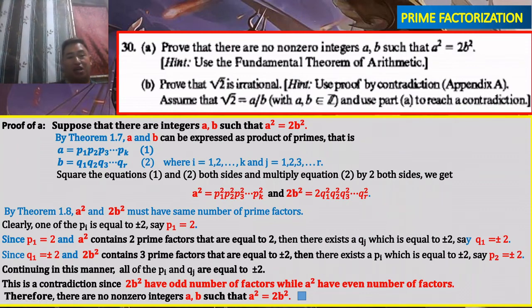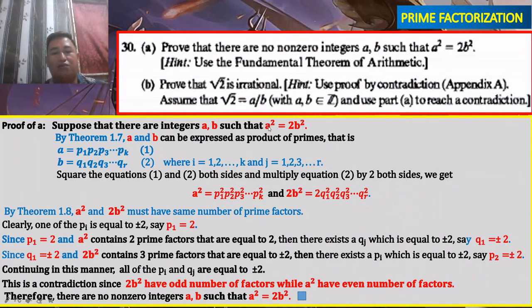Dapat i-show pa tayo. So, ma-apply na natin ang 1.7. Suppose that kana siya nga integers. Clearly, A and B are not equal to positive or negative 1 kay even number ra ba ang kaning diri.